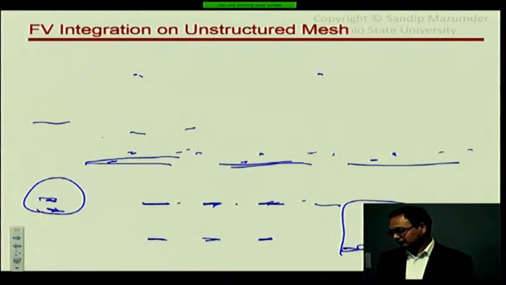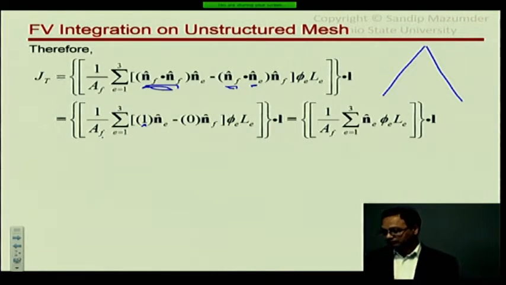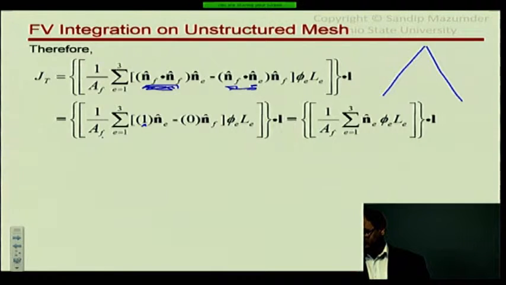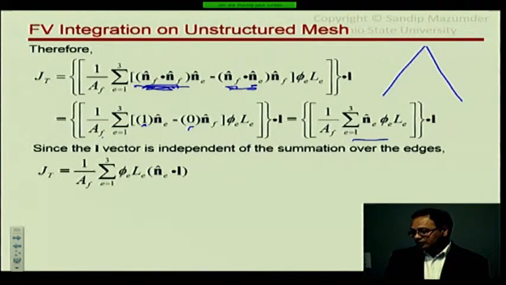So once I get here, this is 1, that's 0, and my expression reduces to just this part with 1 substituted in there, and I get that. So here's my JT now. The tangential flux expressed in terms of edge values of phi. This is even one step away from vertex values. So we'll get to that in a moment.